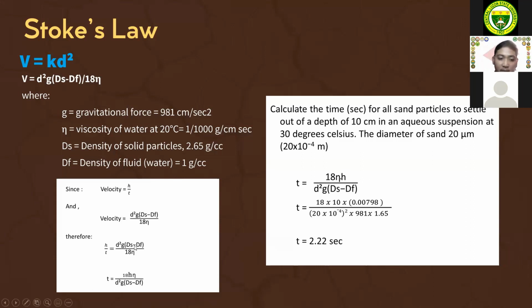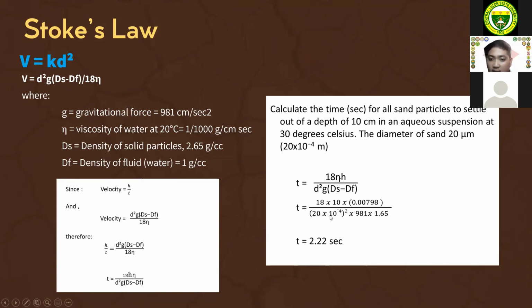So ito yon. From this formula, na-derive tong T is equal to N, then viscosity times height. So given naman yung depth or yung height is 10 cm, ito yon. Then yung viscosity is 0.00798. So it is derived from this viscosity of water at 20 degrees centigrade. Dahil ang suspension natin is 30 degrees Celsius, so it is modified.